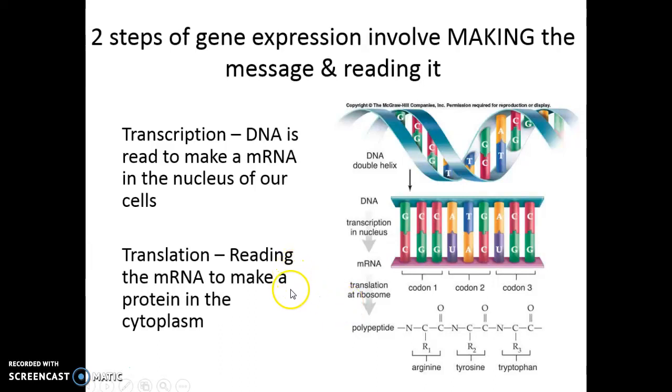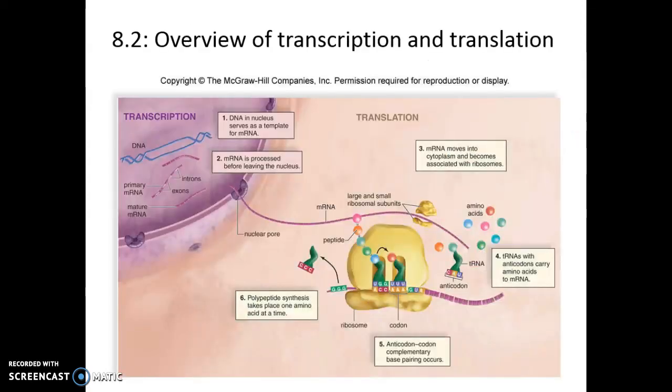Translation is reading the mRNA to make a protein, and this occurs in the cytoplasm, facilitated through a ribosome. So the overall processes of transcription and translation occur in two different areas of the cell. This figure is not in your textbook, but I just thought it was a good one to get the idea of what's going on.